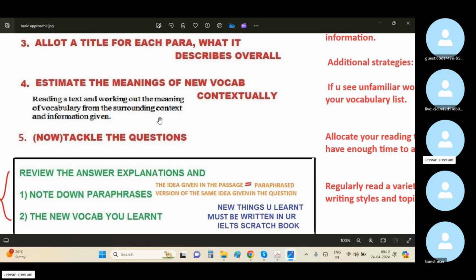So not just noting down the paraphrases and new vocabulary can help you improve your scores, but also make sure you understand the exact meaning of the whole passage before you move on to the next test. There will be 3 passages. Once you have gone through the answer explanations and noted down the paraphrases and new vocabulary, you have to get back to the 3 passages and read through line by line. Make sure you understand their meanings.